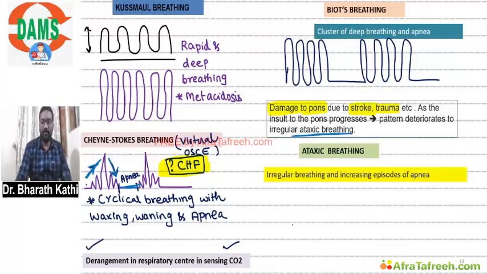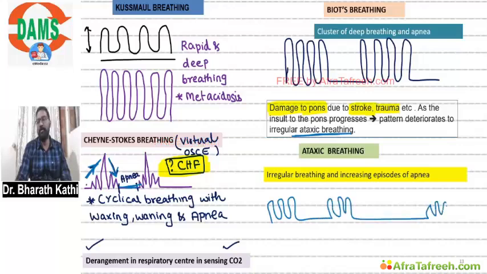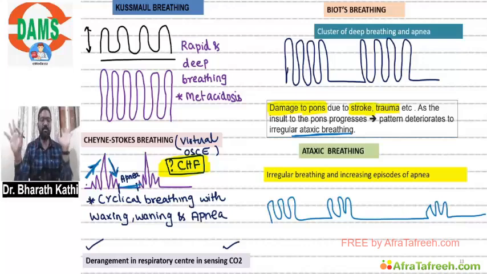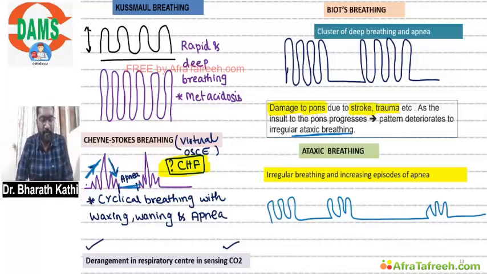It is very, very irregular breathing, with increasing apneic episodes, and ultimately resulting in respiratory arrest. So ataxic breathing can be considered a terminal event, and after that it will be only respiratory arrest: irregular breathing and increasing episodes of apnea. All this happens because of damage to the pons, especially due to stroke or trauma.